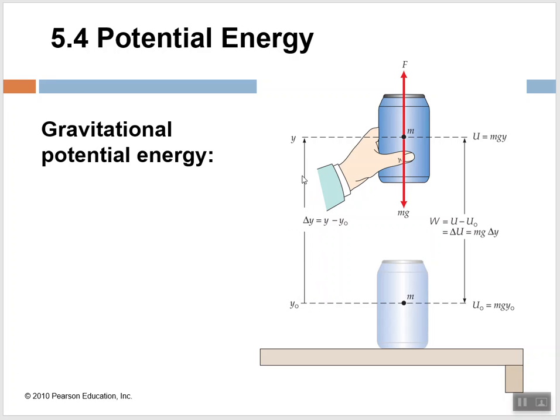Force times distance is work. That work has to be equal to the change in potential energy, which would be mg times this delta y, or a lot of times we'll just simply refer to that as h. I can see that they're using U here. Again, I'm going to use PE quite often for potential energy.